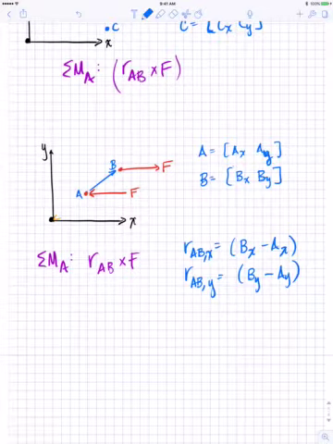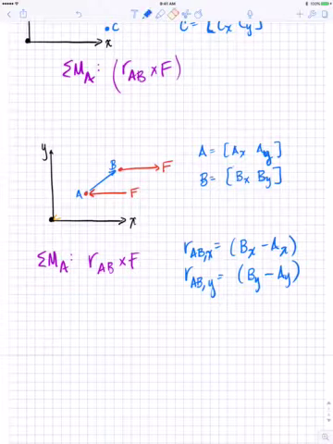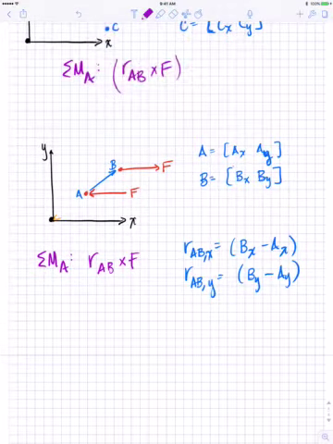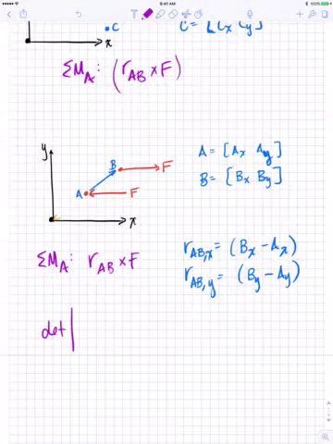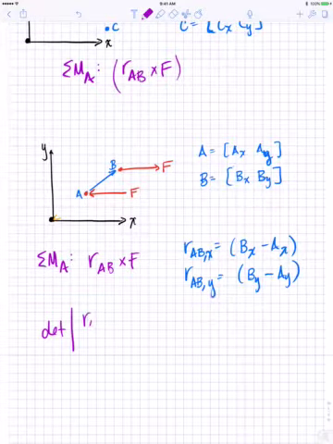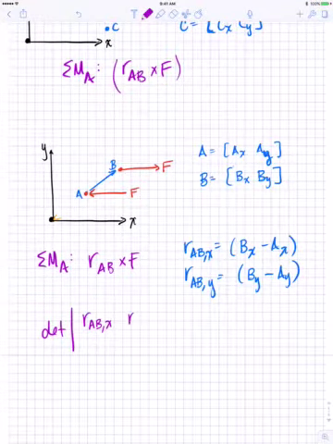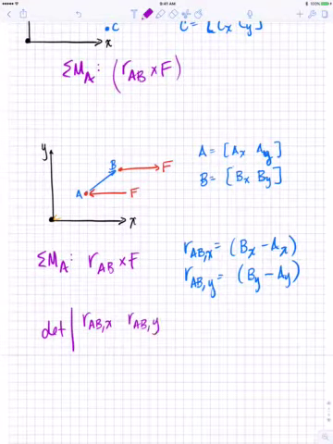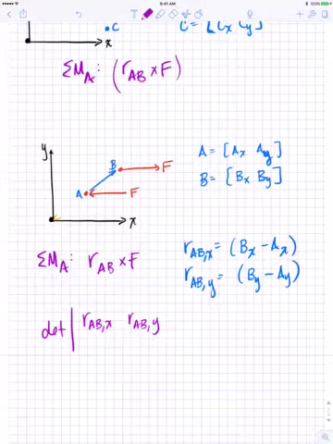Now if I do that determinant, I'm going to show you that you get the exact same thing. Moments are in purple. So we're going to do the determinant of RABX, RABY. This is just that cross product with respect to F.